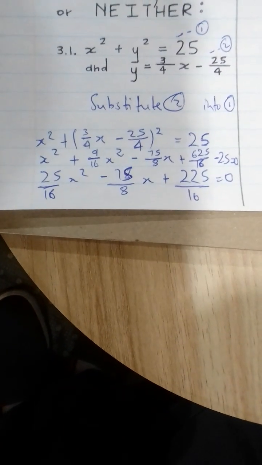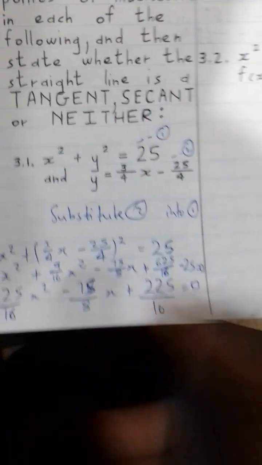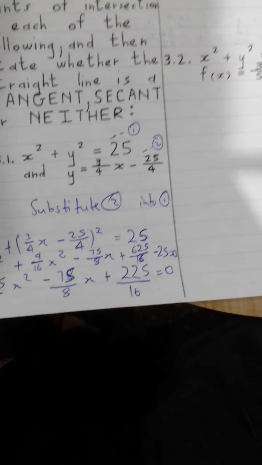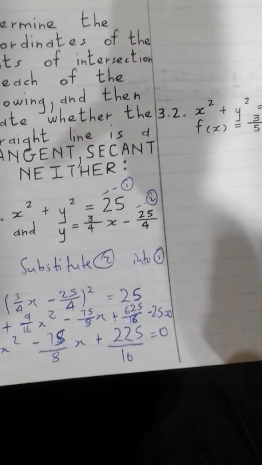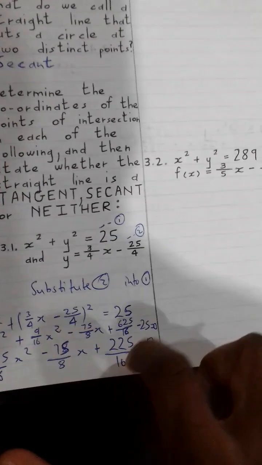Multiply everything by 16 to make it simple. So we have 25x squared, negative 75 over 8 times 16, negative 150x, and then plus 225 over 16 times 16 is 225. 0 times 16 is 0.